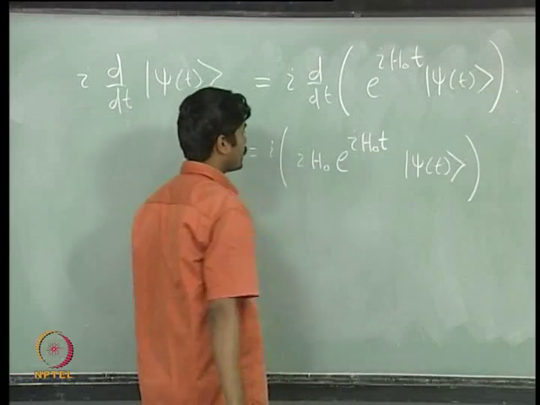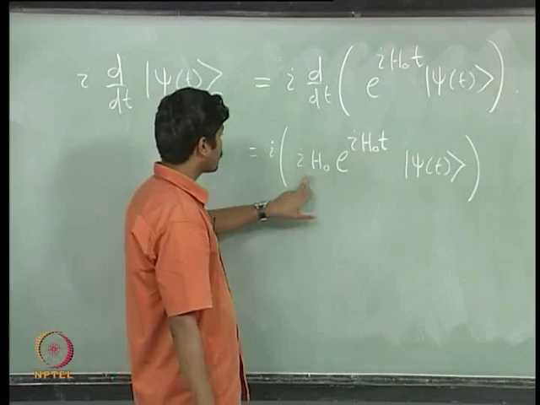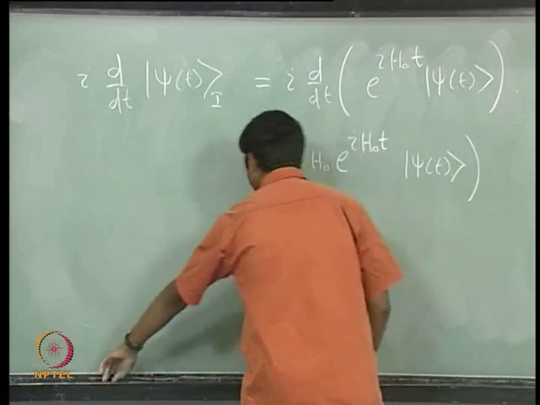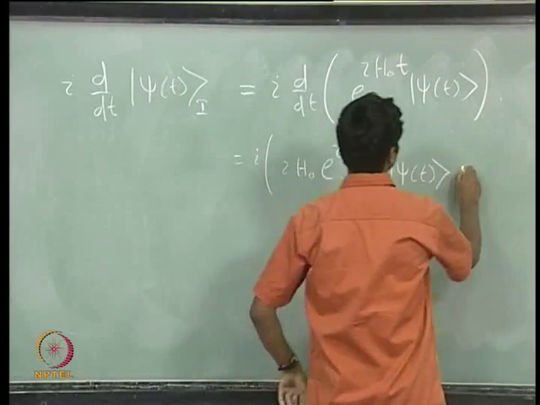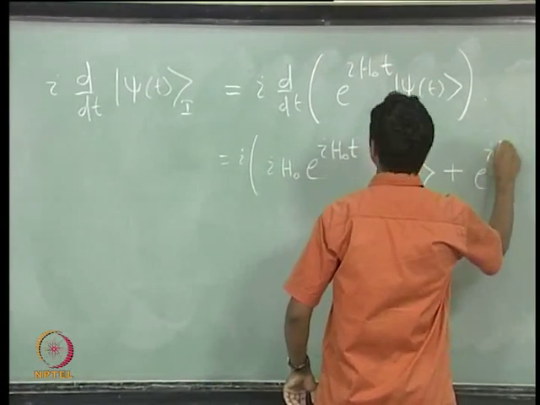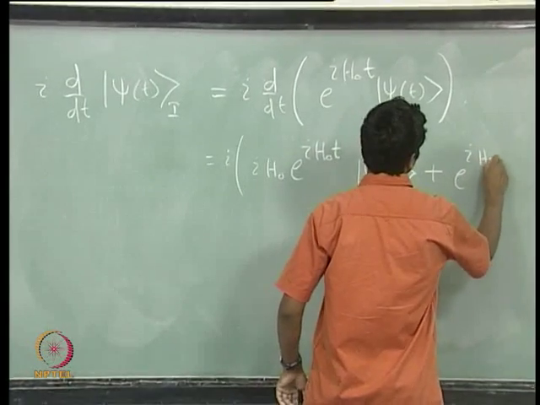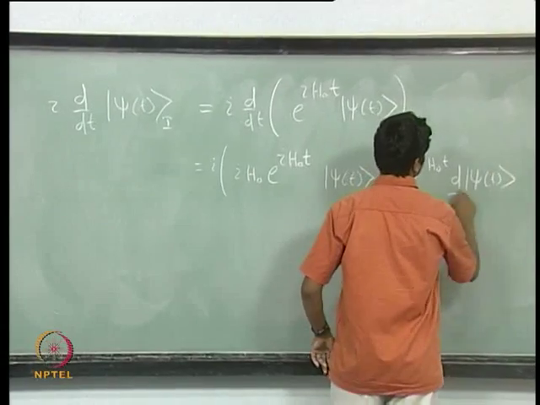In the Schrodinger picture, it does not depend on time. So you have this, and then you have an additional term which is given by e to the power i H0 t d psi t over dt.